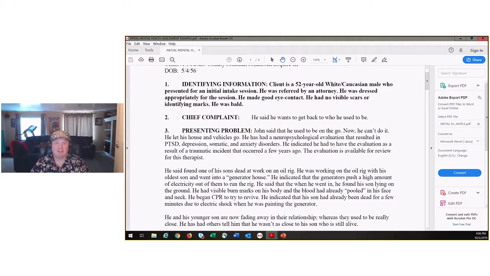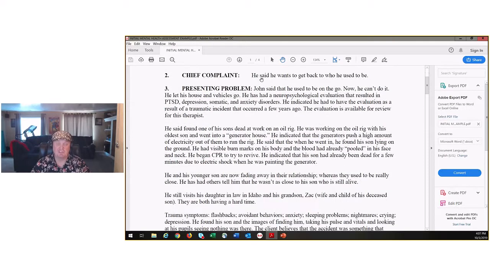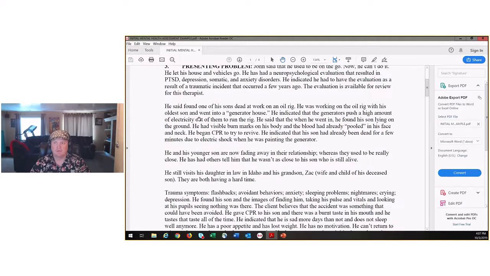You have your identifying information. The chief complaint is what the client wants, what's going on. Then the presenting problem. This is the big stuff, the stuff the client gives to you directly that you either remember and type out after that first session, or maybe jot down as notes.